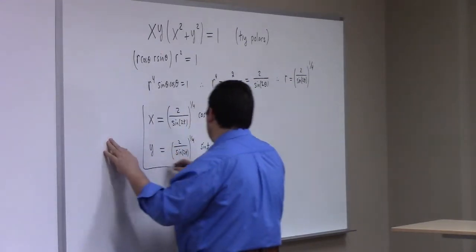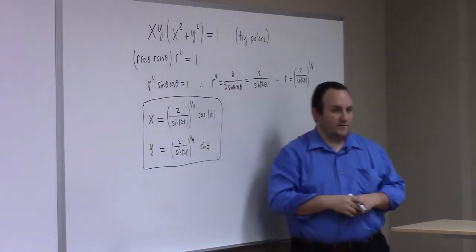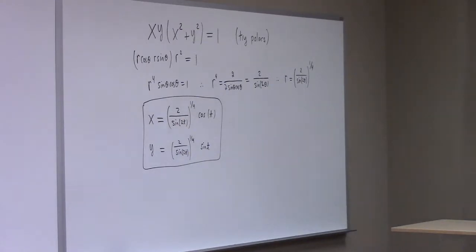And there you go. That's a parameterization of that thing we got stuck on the other day. So using polar coordinates gives us another tool that makes the impossible possible.